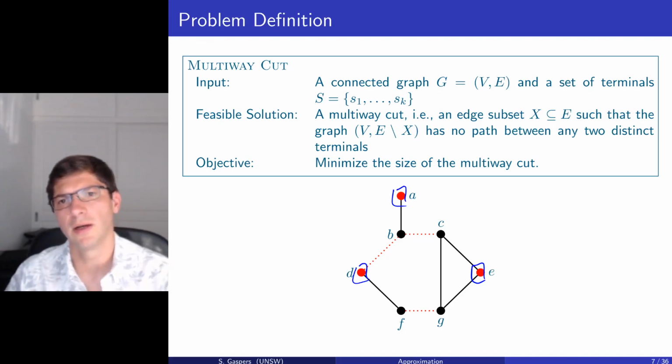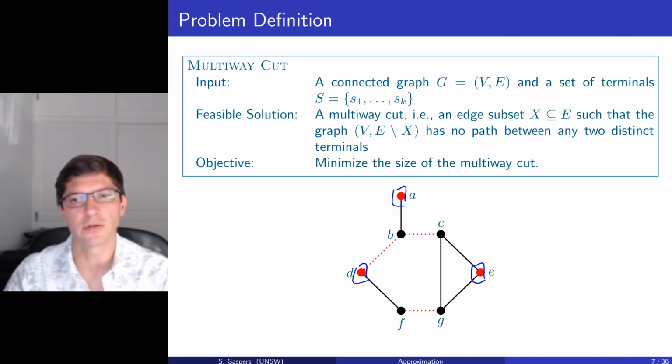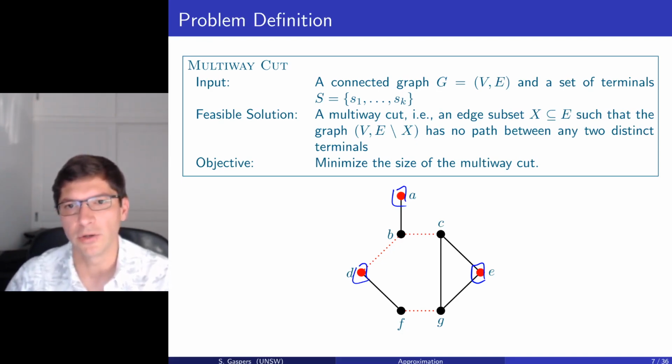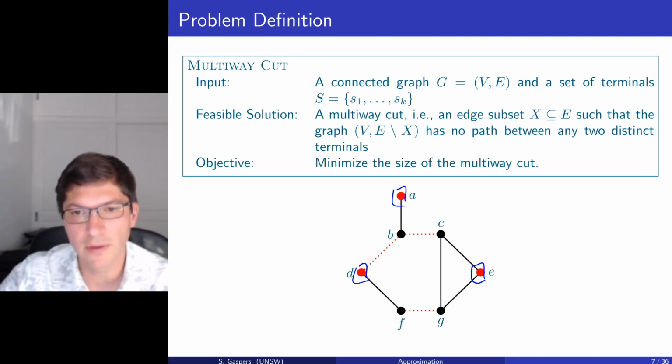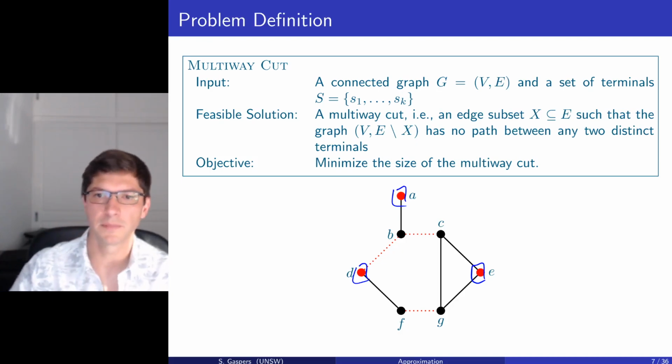In other words, each terminal must have its own private connected component and cannot share a connected component with any other terminal. And what we want to optimize here is to minimize the size of the multi-way cut. So the number of edges in this multi-way cut needs to be minimized.